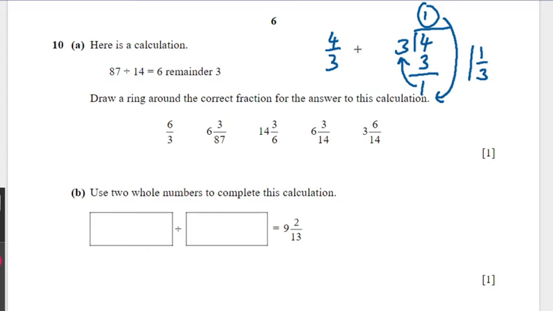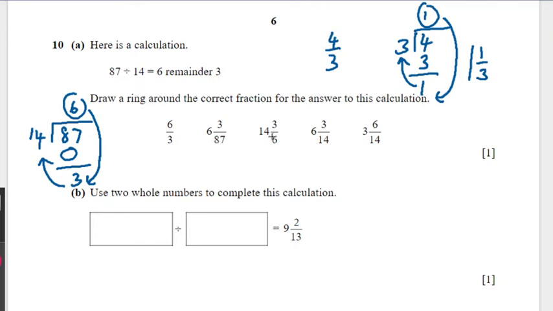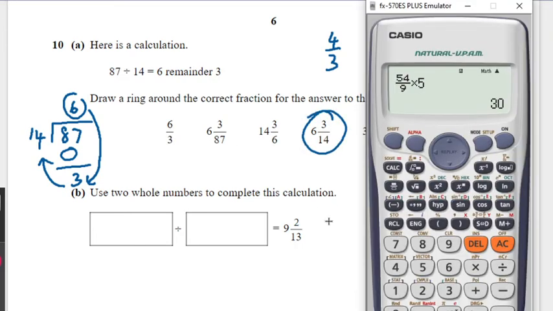Same goes here. When you divide 87 by 14, this is 6 actually, and we don't care about this, we have the remainder 3. So it's 6 3 over 14. Or you also can just use the calculator.